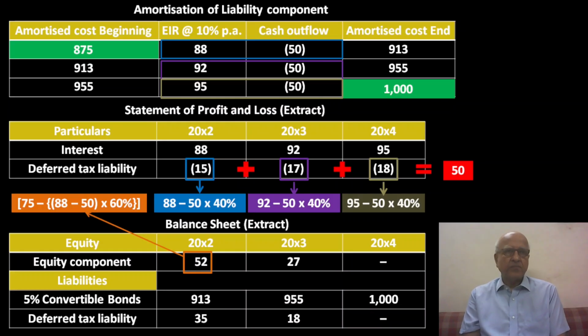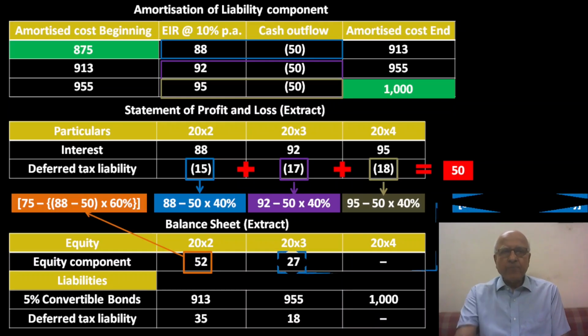I repeat, 88 interest charged, 50 interest paid, 40% deferred tax liability, 60% is the equity component to be transferred to retained earnings. That is coming to 23. 75 minus 23 is 52.